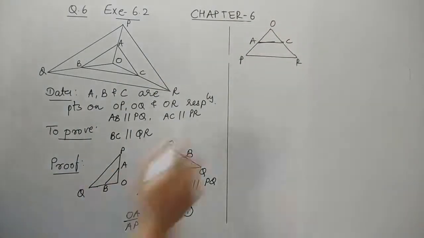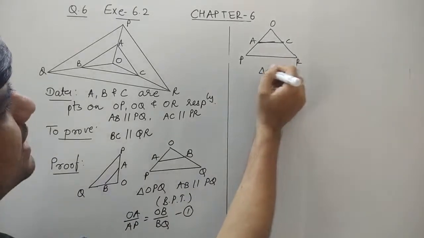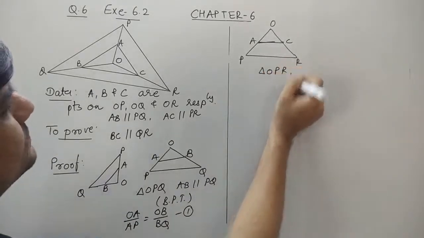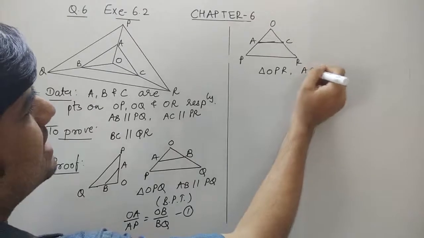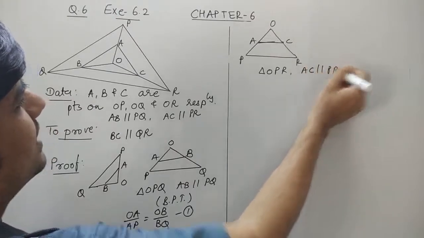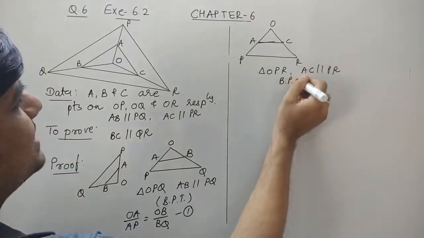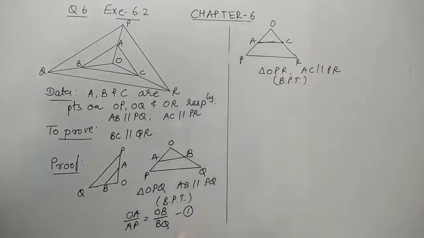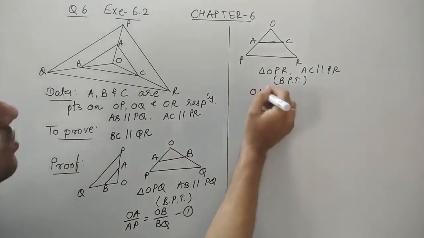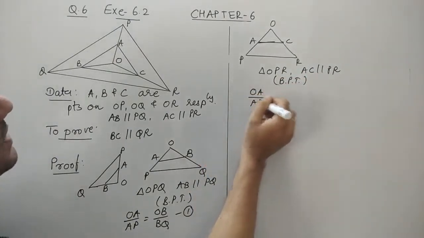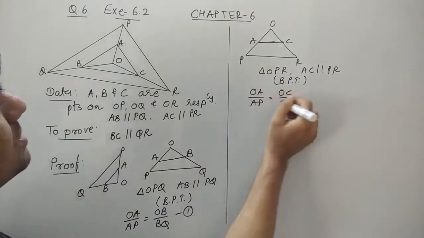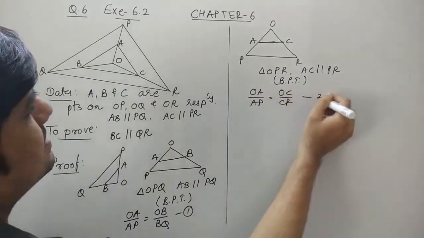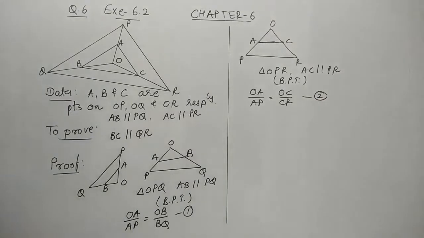You can see here, in triangle OPR, AC is parallel to PR. So again we use the basic proportionality theorem. We can go for the same, that OA upon AP is the same as OC upon CR. This is equation number 2.